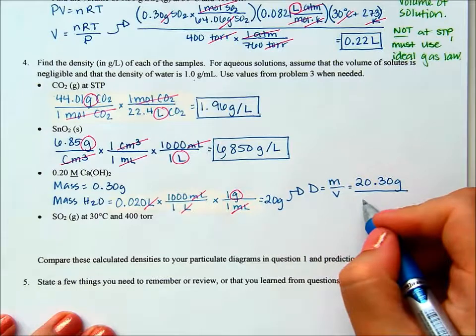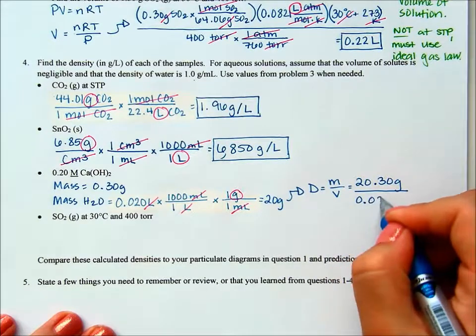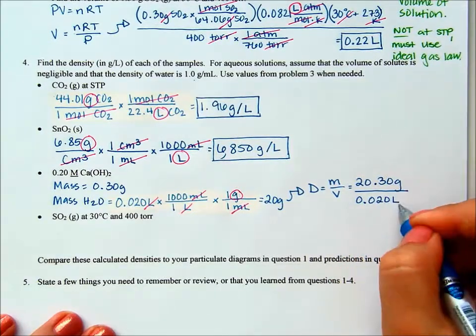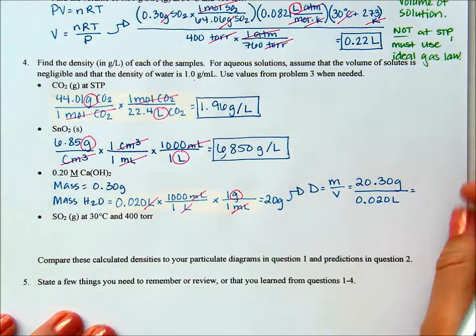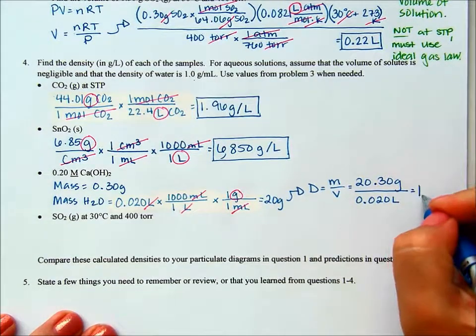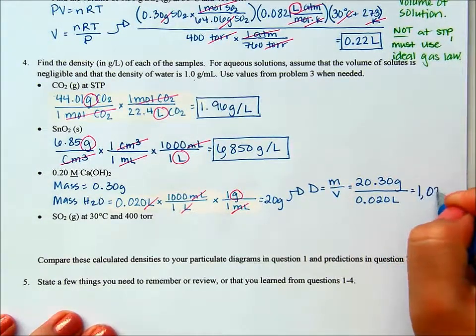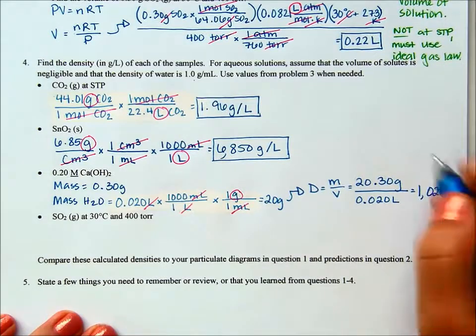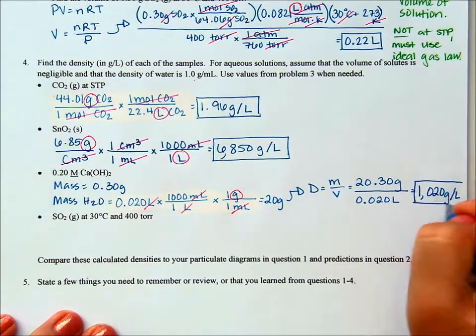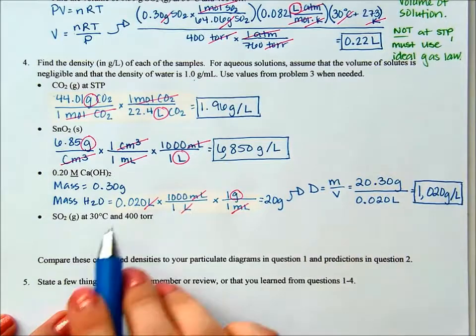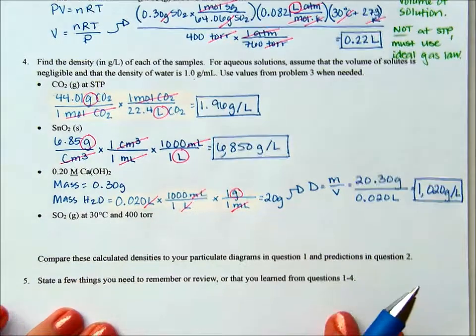My volume is going to be 0.020 liters, so we're in grams per liter. Just dividing that in your calculator, you should get 1,020 grams per liter. So that's your density of your aqueous solution of calcium hydroxide.